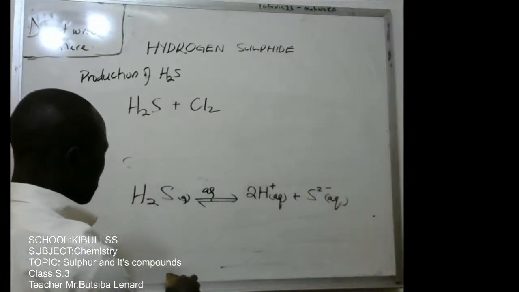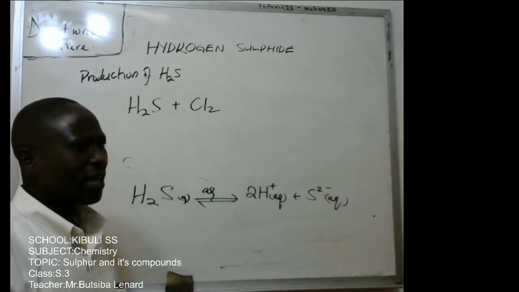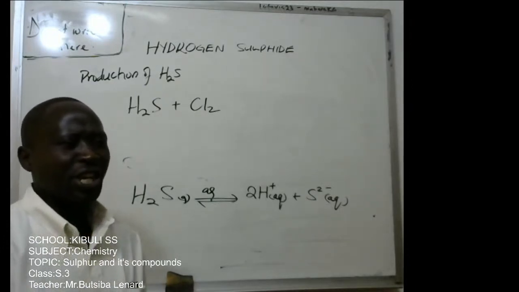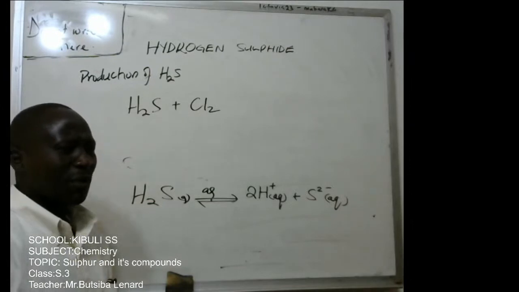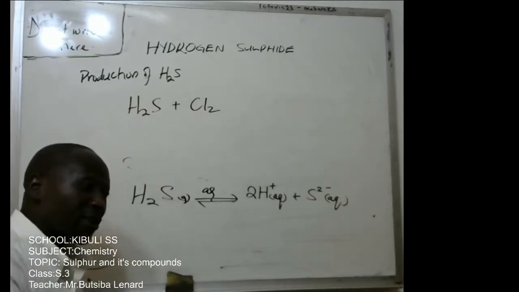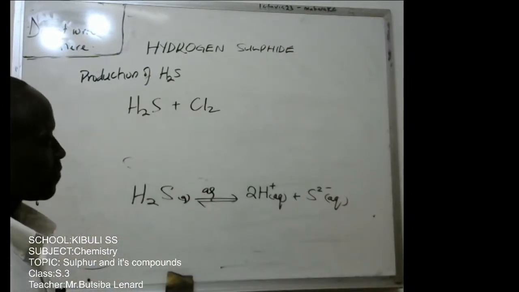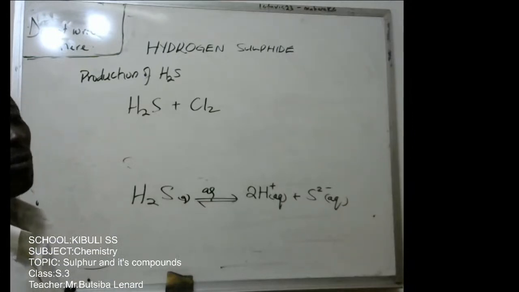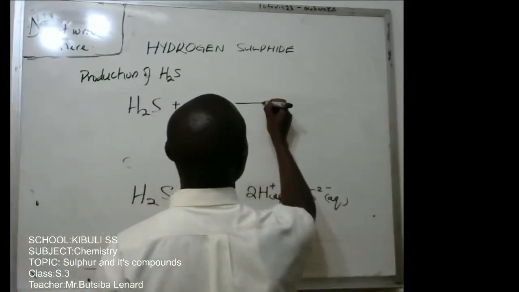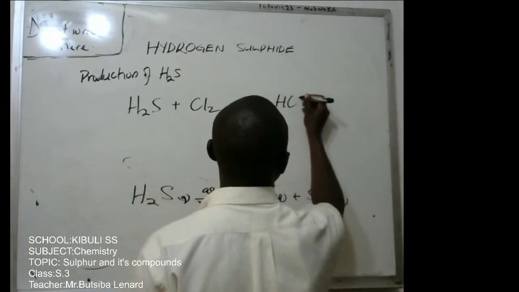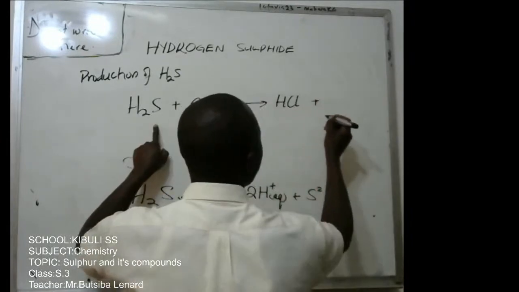So, what do you remember about chlorine? We said chlorine is a very powerful oxidizing agent. It removes hydrogen from any hydrogen-containing substance. And what shall we form? White fumes of hydrogen chloride. And what will happen?